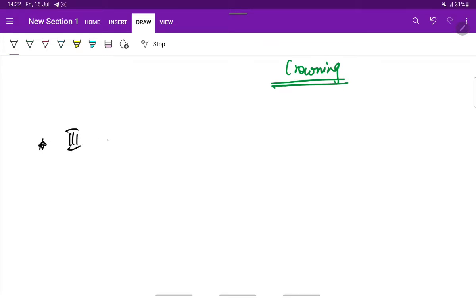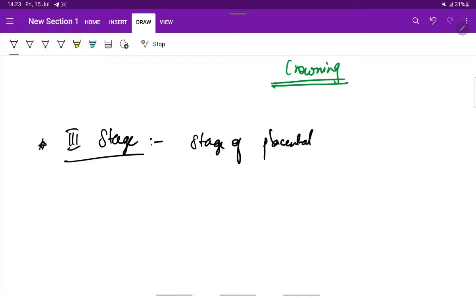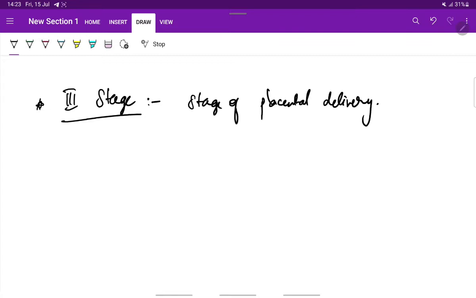Now, the third stage of labor, which is the stage of placental delivery. This is from the delivery of fetus to the delivery of placenta. This is a very important stage, and mismanagement of third stage of labor leads to many complications.